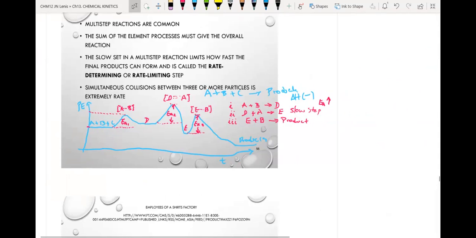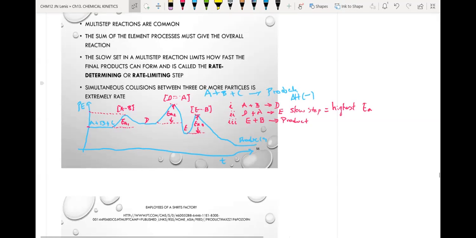This is the one with the highest activation energy. It's the slowest because it has the highest activation energy. And this one, step 1, is going to be what, fast or slow?